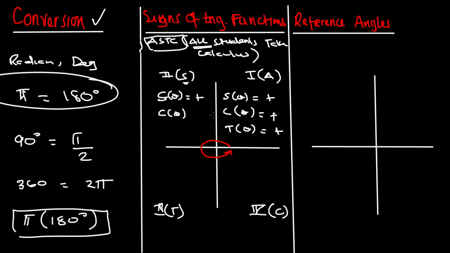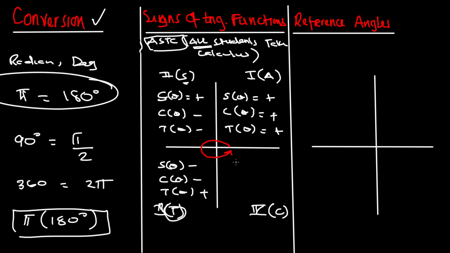Cosine theta will be negative. Tan theta here will be negative. In the third quadrant we say Take, which is tangent. So sine theta will be negative, cos theta will be negative, and tan theta will be positive because that's the one we've mentioned.